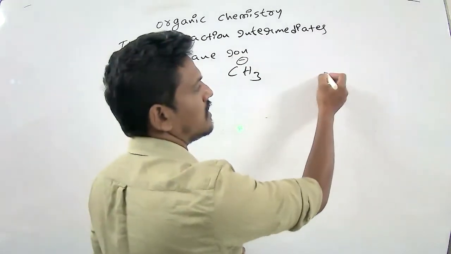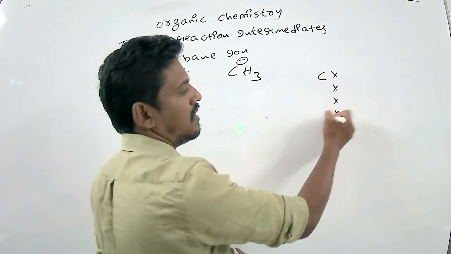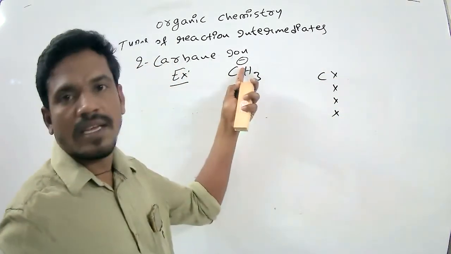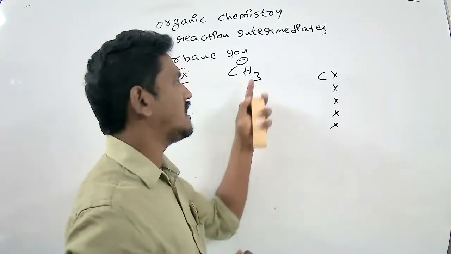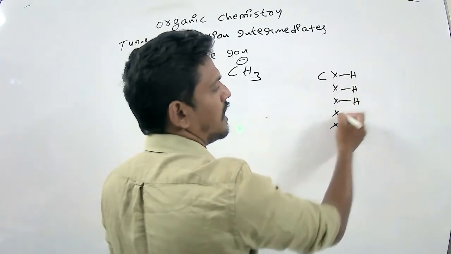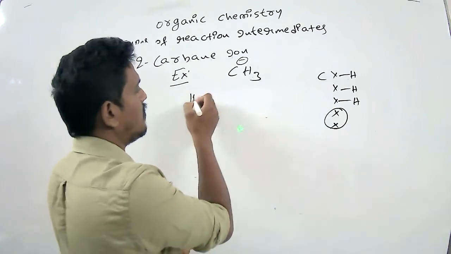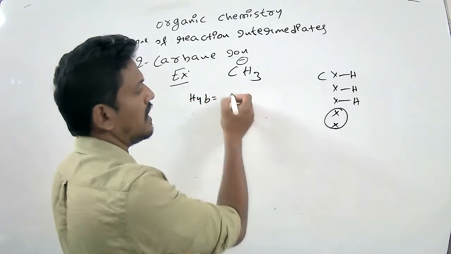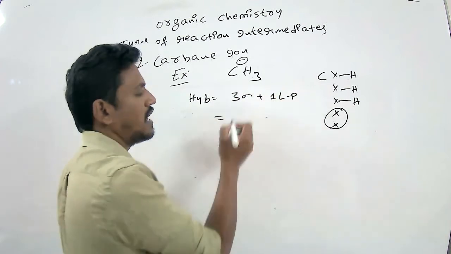Now the hybridization for this carbon: the group number is 4 or valency of 4, and with the minus charge one extra electron is there, so 5 electrons. Out of 5, there are 3 hydrogens, each with valency of 1, and the remaining electrons I am pairing. Hybridization is the number of sigma bonds, 3, plus 1 lone pair.